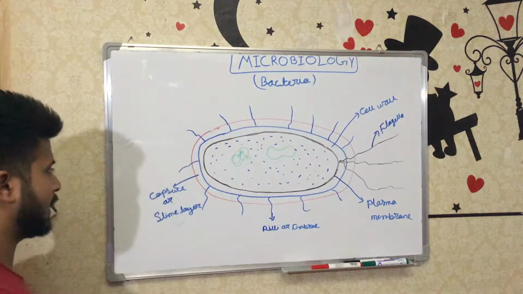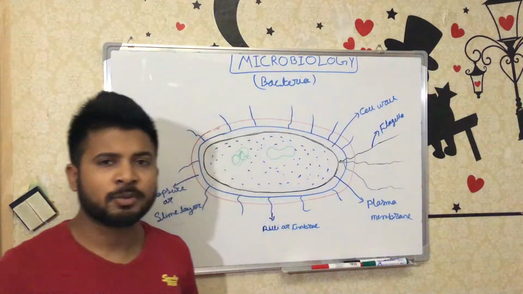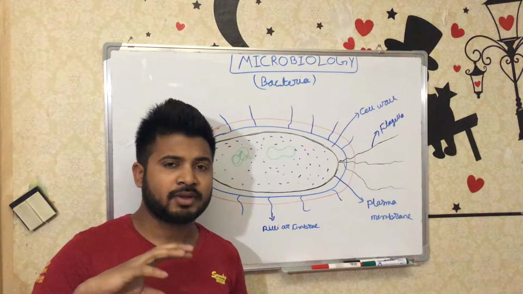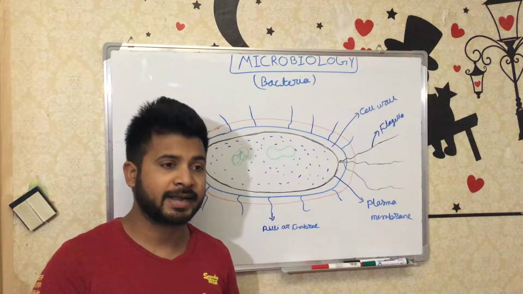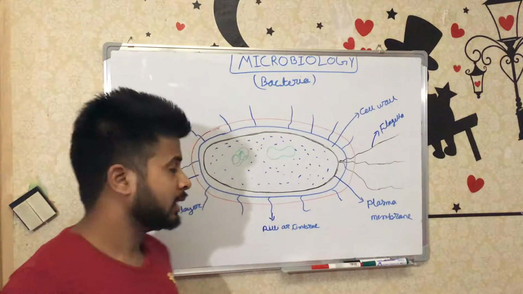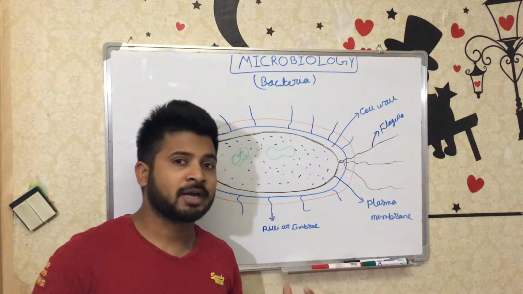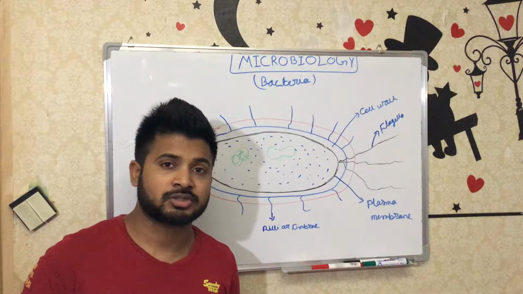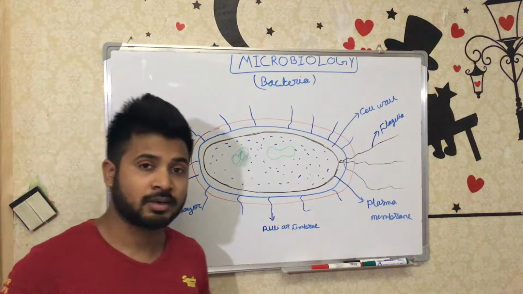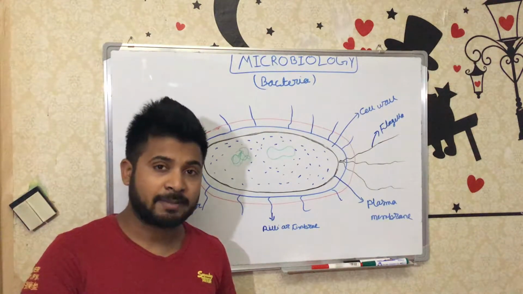And the capsule or slime layer. The capsule is a polypeptide that helps the bacteria attach to the mucous membrane of the human body, as well as protects against phagocytes, or very simply you can say it skips the phagocyte, because the phagocyte can't engulf bacteria that have a capsule.